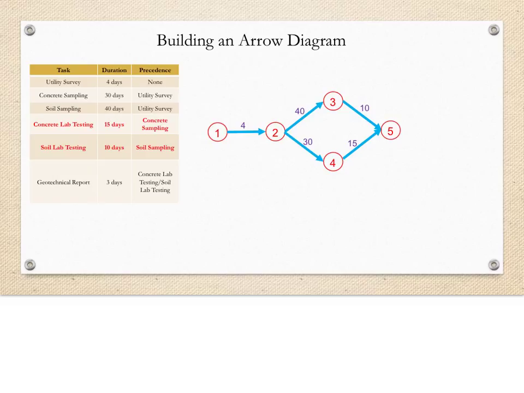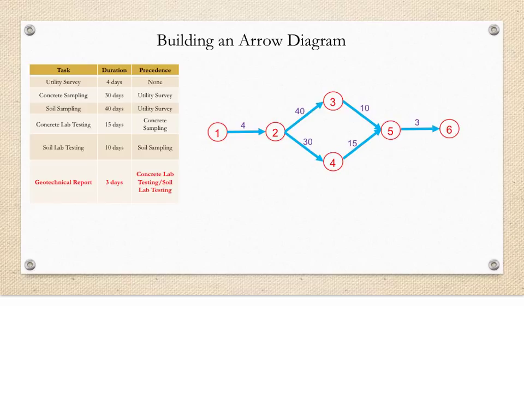Now, we know that the next task is dependent on the conclusion of both of these tasks, so they can point to the same event, event 5. So, task 3-5 represents the soil testing with a 10-day duration, and task 4-5 is the concrete testing with a 15-day duration.